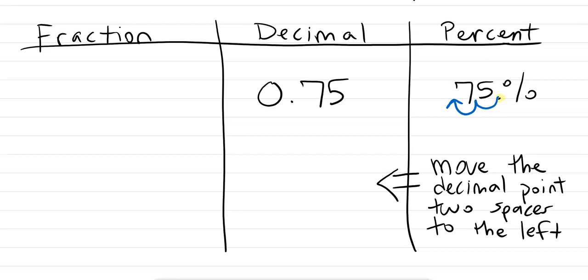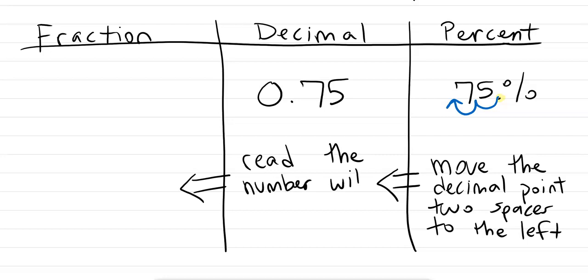So these things represent the same number, just in different forms. The decimal is the equivalent version of 75%. 0.75 is the version of the percentage. So now, when you're going from decimals to fractions, you have to read the number with place values.